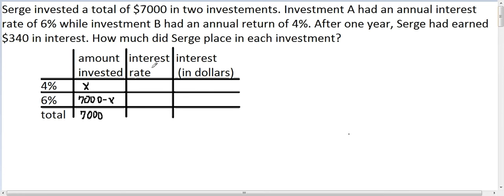The interest rates are these percentages converted to decimal, or we could use a fraction, but I'll go ahead and use decimal this time: 0.04 and 0.06.